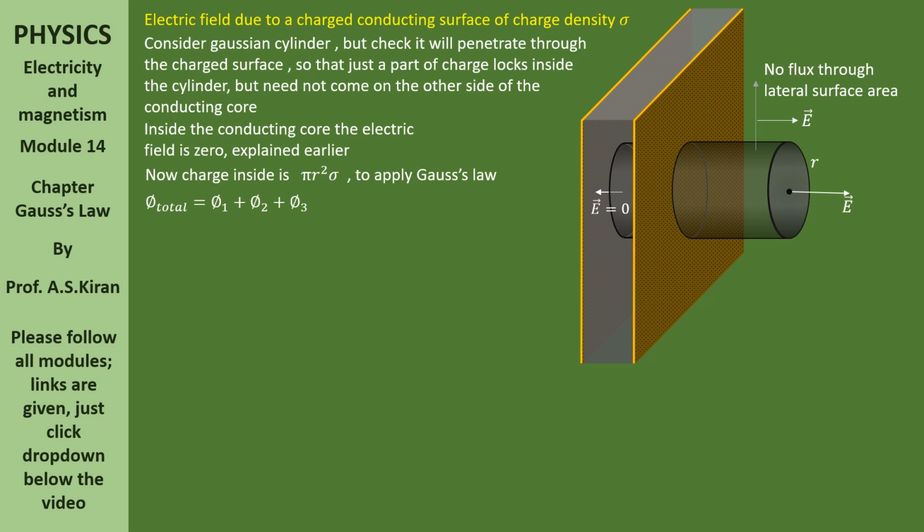Now, before applying Gauss law, total flux is equal to flux 1 plus flux 2 plus flux 3. Flux 1, through the right side lid, is the circular integral of E bar dot ds bar, which equals E bar times the circular integral of ds bar cos 0 degrees. What is this 0?